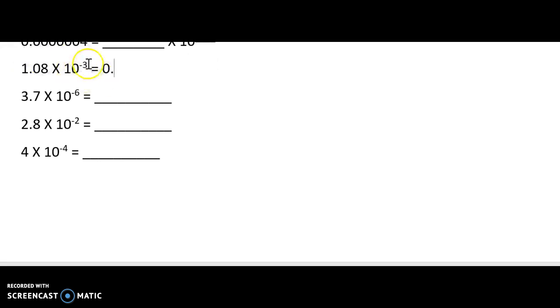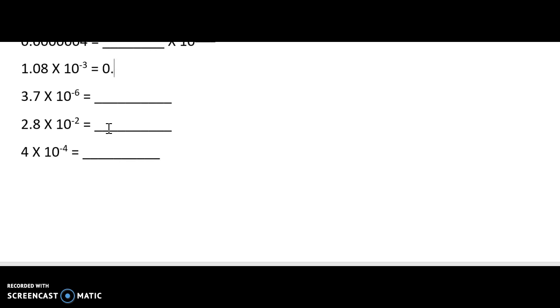Because this is a negative exponent, we know it's going to be a fraction. So we'll start with 0 and a decimal to get us into a fraction less than 1. Then we have negative 3.